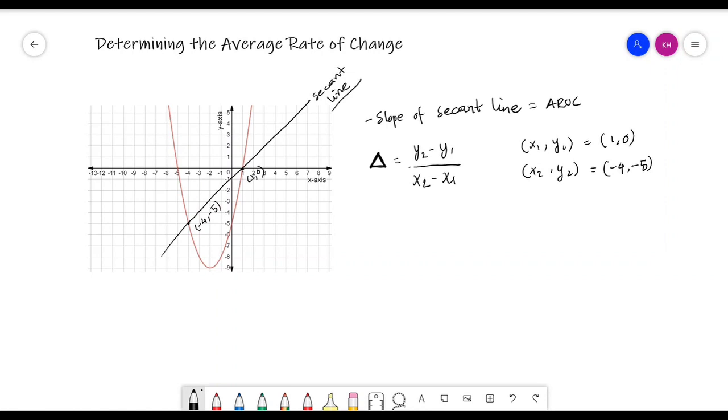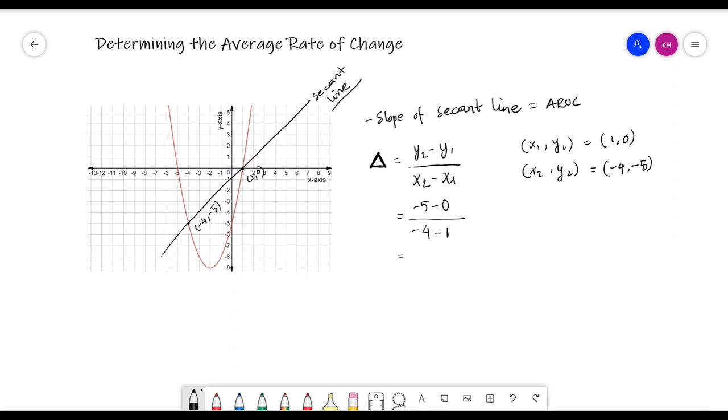So according to the formula, it's going to be y2 minus y1 over x2 minus x1. So my y2 is going to be -5. So I'm going to take -5 minus y1 is going to be 0 over x2 is going to be -4 minus x1 is going to be +1.